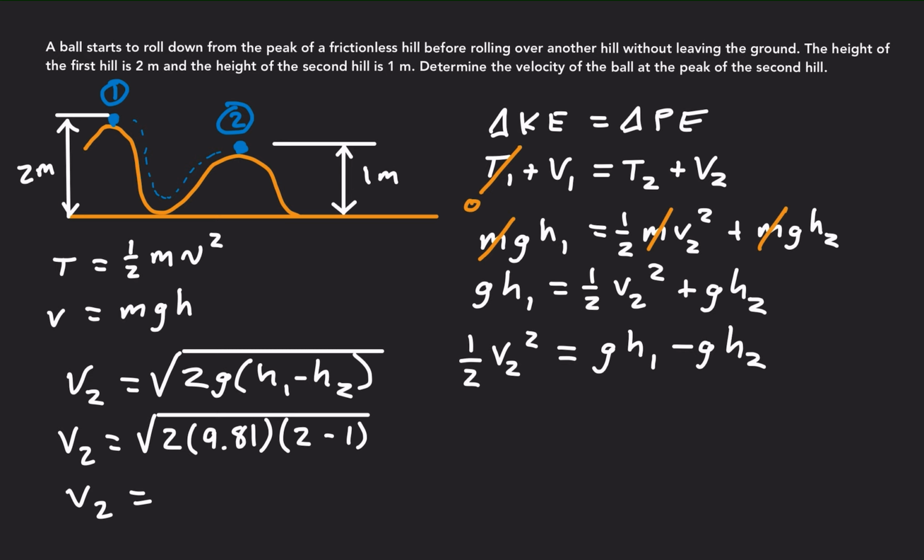It's going to be the square root of 2 times 9.81 times 1. And we are left with an answer of approximately 4.43 meters per second. So there you have it. That's how you can solve a problem like this using the conservation of energy.